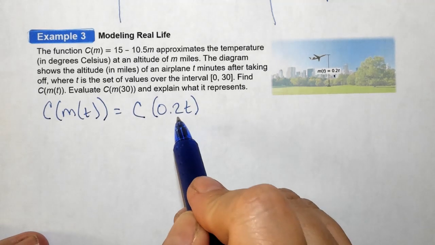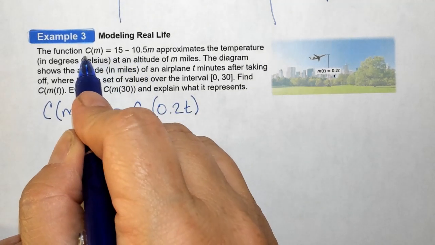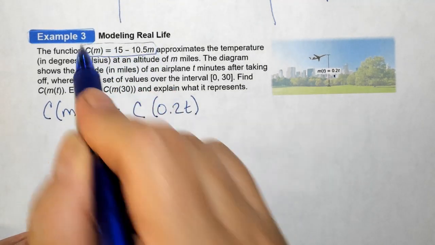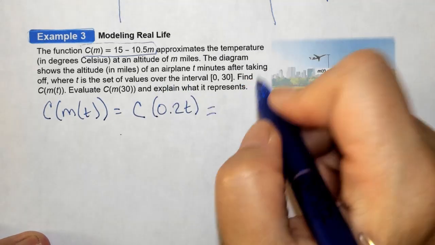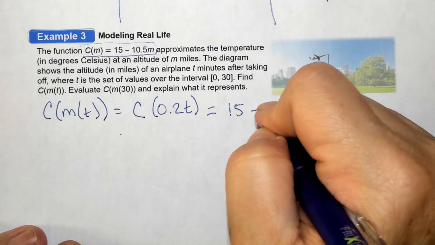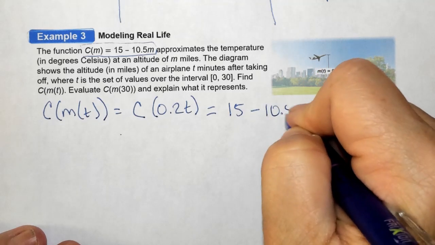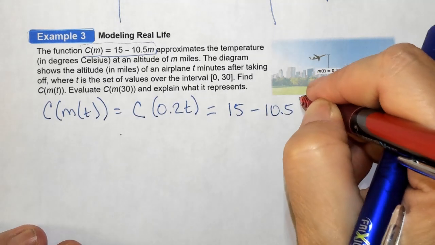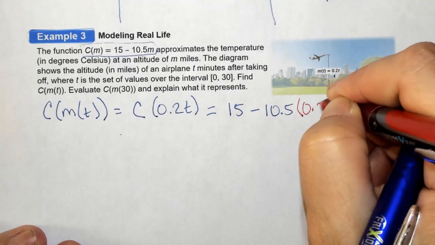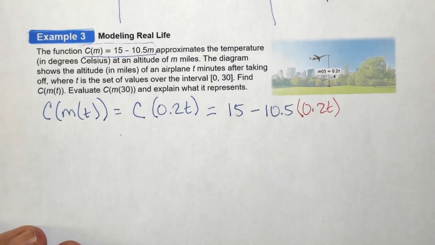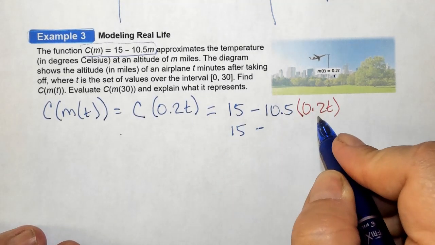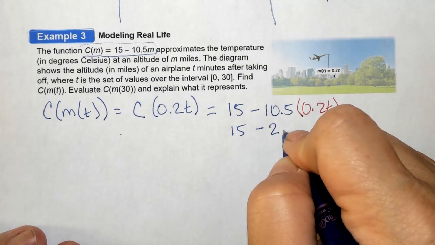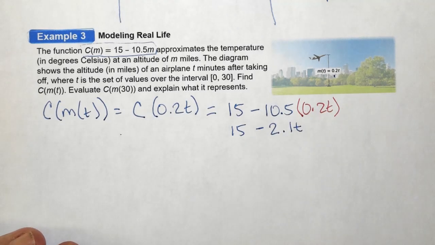So we're going to take this just like we did in the other ones, and we're going to substitute it into that equation. Okay, so this becomes 15 minus 10.5 m, but instead of m, we're writing 0.2 t. All right, so then we got 15. We're going to multiply that together. That gives us a 2.1 t, and that's what we got for that.